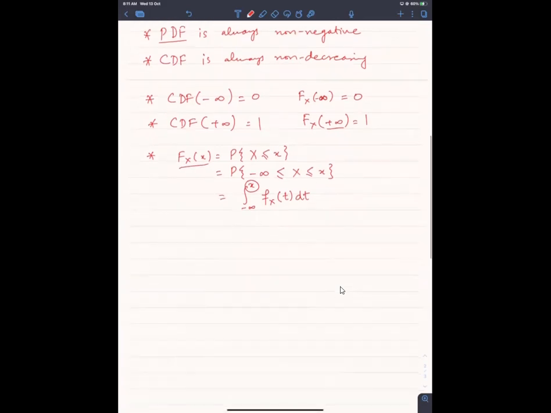Similarly, if you can integrate the PDF to get the CDF, similarly you can differentiate the CDF to get the PDF. So fx of x would be equal to the derivative of the CDF.